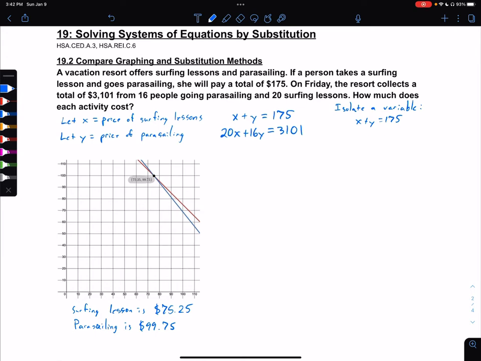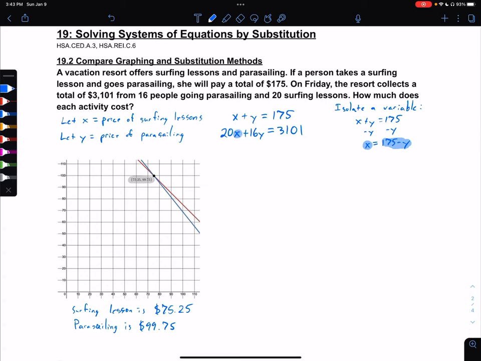I'm going to isolate x, so I'm going to subtract y. So x is equal to 175 minus y. Anywhere there's an x, I can replace it with 175 minus y, and that's what I'm going to do to the second equation.